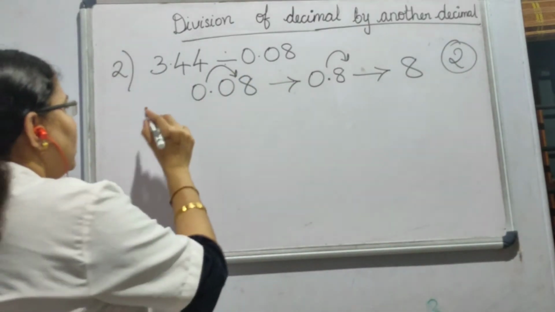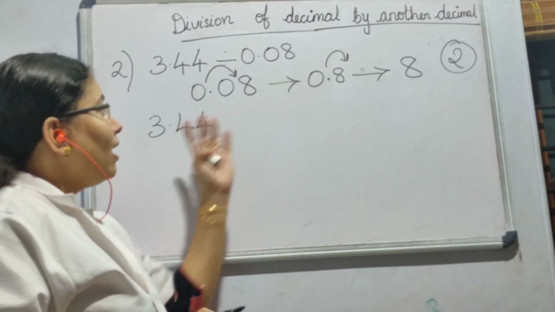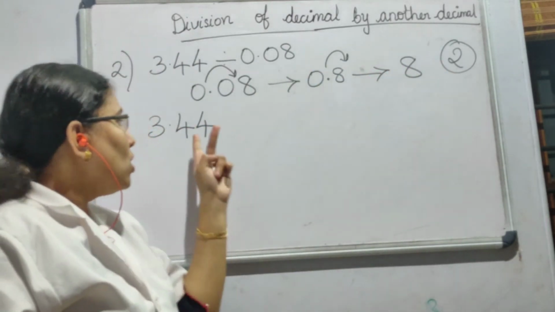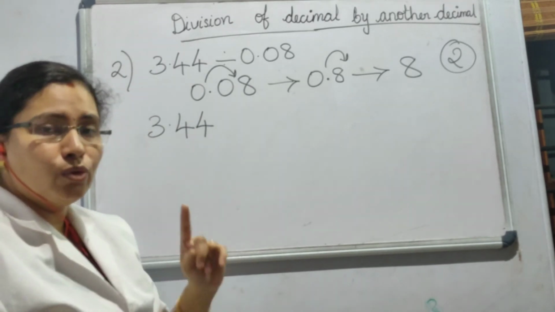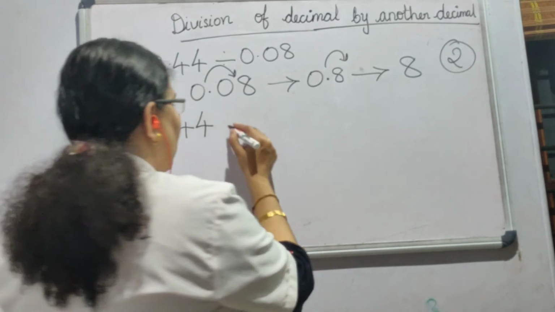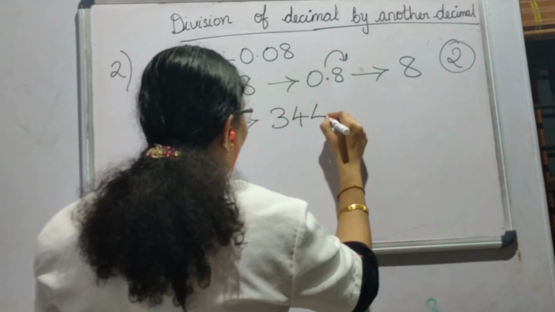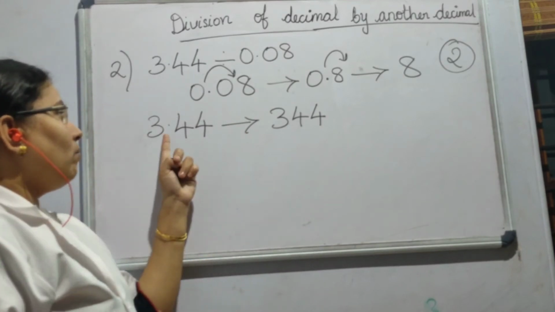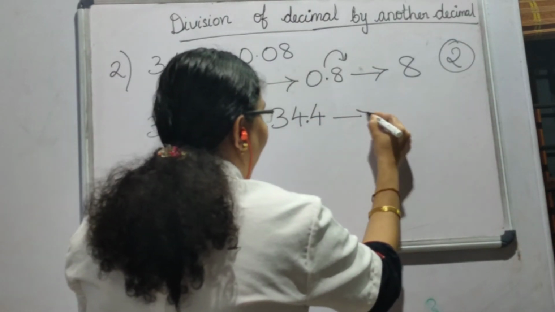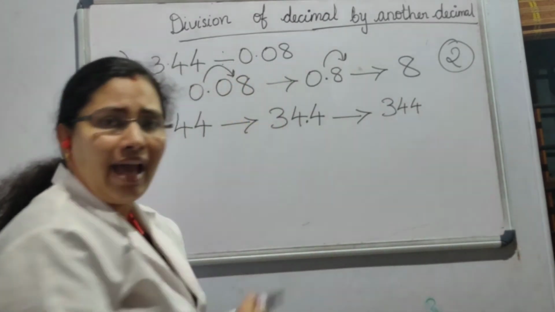Now we will look at the dividend. How many times did we move the decimal point in the divisor? 2 times. So here also we have to move the decimal point towards the right 2 places. When we move one place, you get 34.4, and when we move again, 344 is the answer.